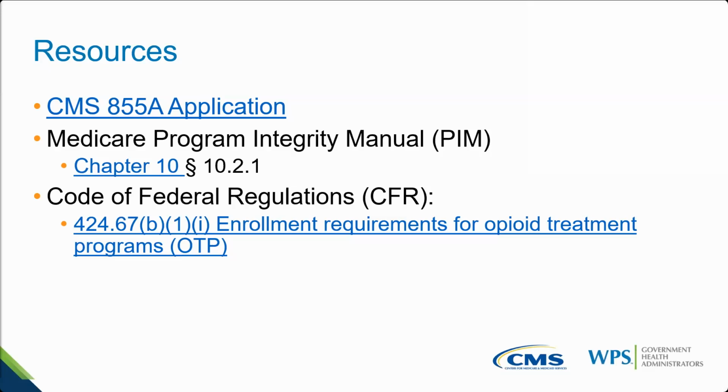And then I also included the CFR specific to opioid treatment programs, just because that's a new section. That's our section 10. This helps define what those centers look like, what those programs look like, and the personnel that can be reported as either treatment or dispensing personnel.